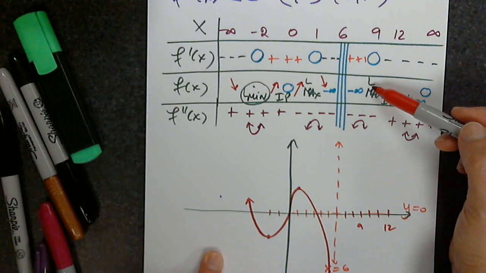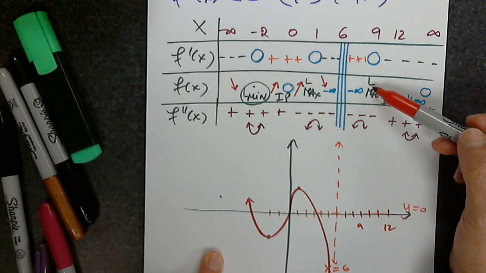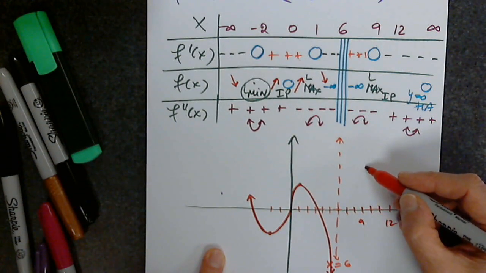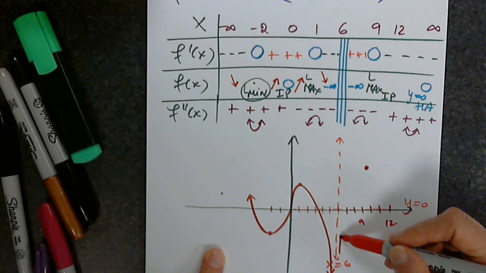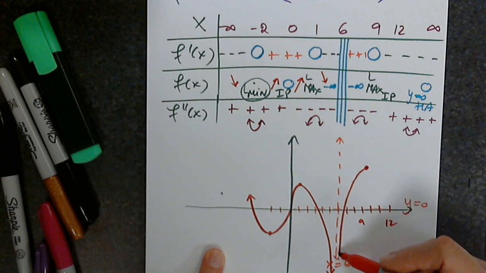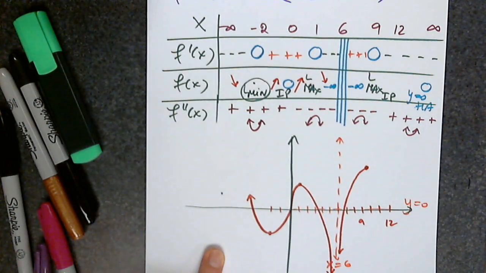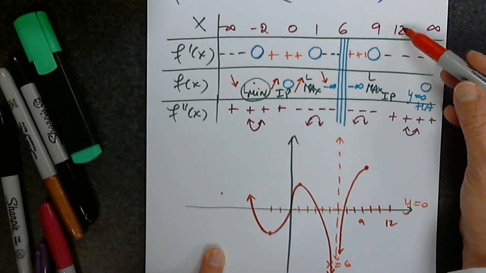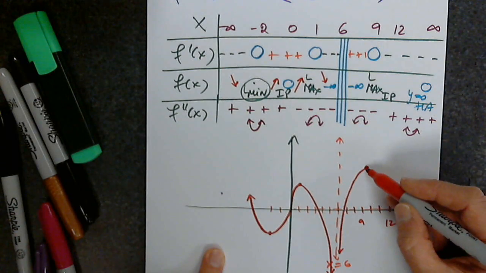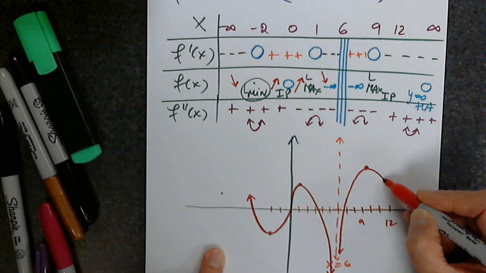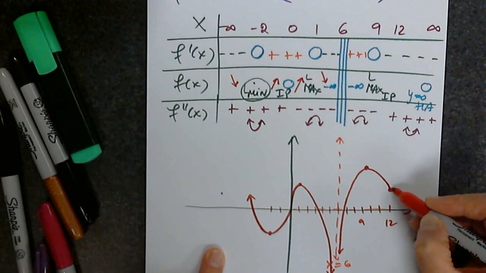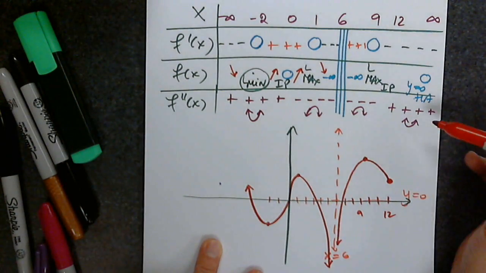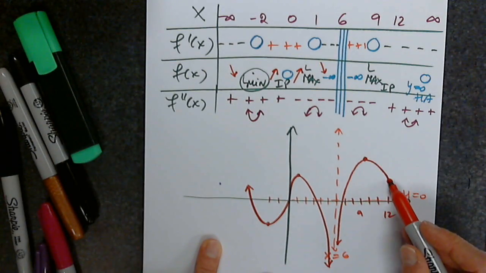At 9 comma blah, it has a local max coming from -infinity. So I'm going to say it's here. Coming from -infinity, approaching a local max, opening downward. So it comes to 12 blah. I have no idea. I'm going to consider this where it changes concavity, opening upward and approaching 0.